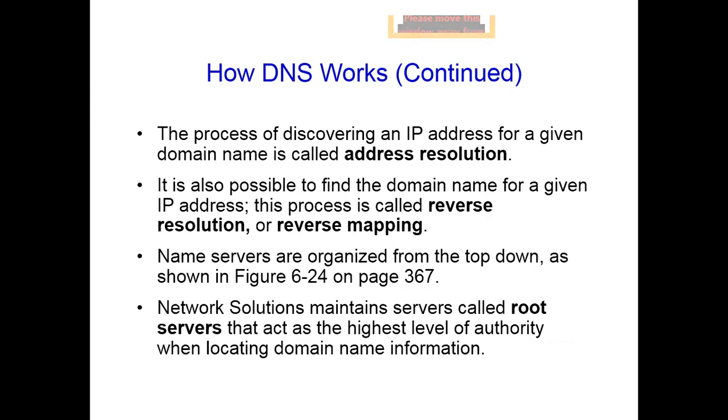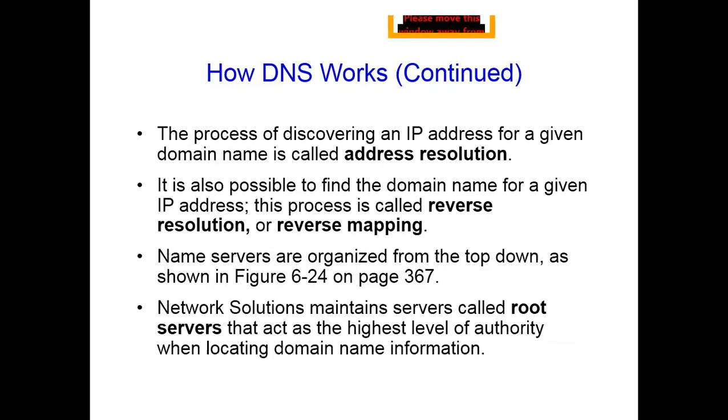The process of discovering an IP address for a given domain name is called address resolution. It is also possible to find the domain name for a given IP address. This process is called reverse resolution or reverse mapping.